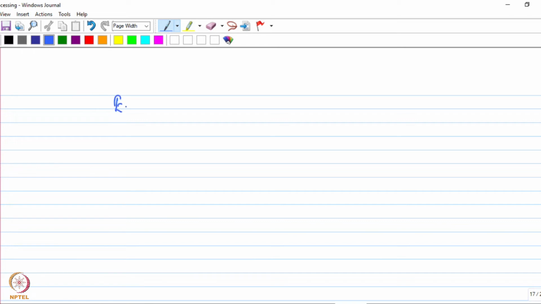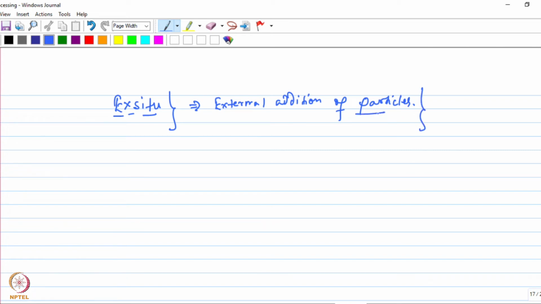So this kind of composites, where the particles are added externally, are also known as ex situ composites. So here you need some means and ways to add these particles and incorporate them into the metal.